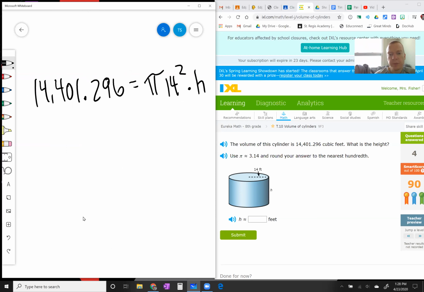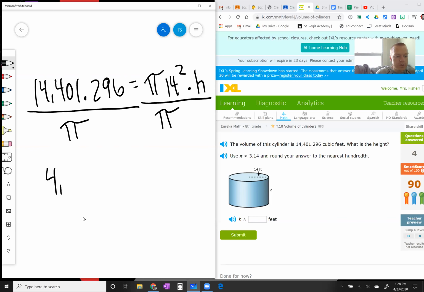First thing we need to do is divide by pi to get rid of that. So 14,401.296 divided by 3.14, I get 4,586.4 equals 14 squared times h.